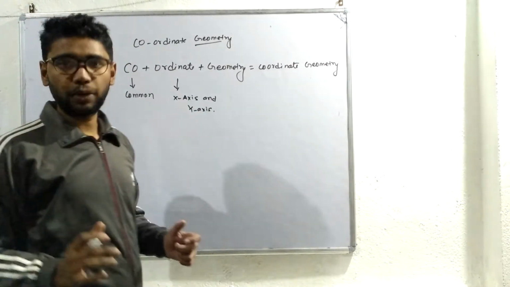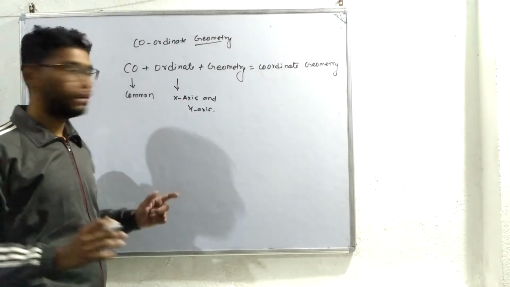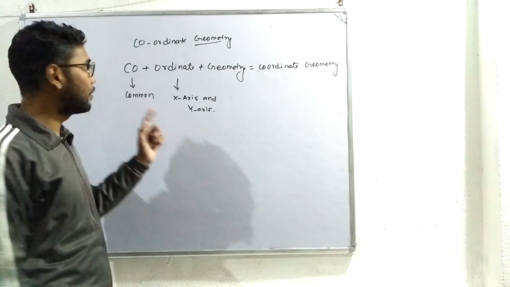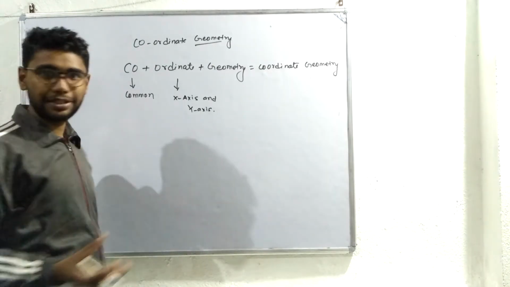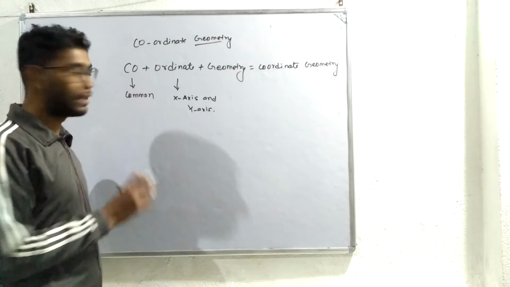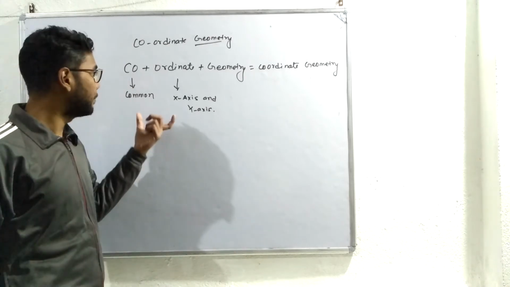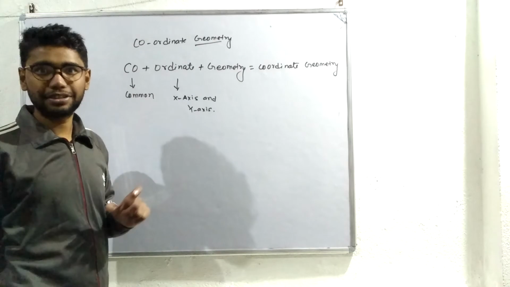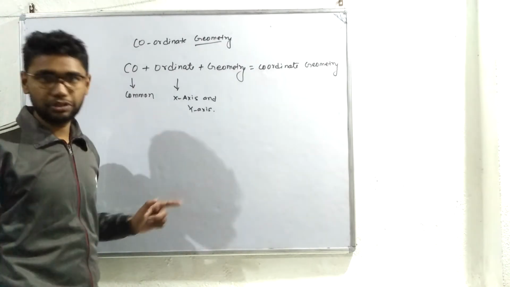Those points which are common on x-axis and y-axis are known as coordinates, and the geometry of the shape located between the common points on x-axis and y-axis is known as coordinate geometry.